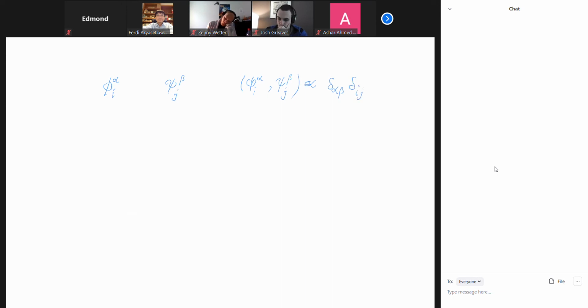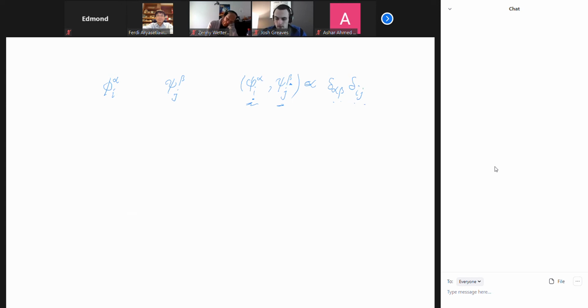So if I have two functions, one belonging to irreducible representation alpha and row I, and another function that is completely unrelated and belonging to beta and j, then they are orthogonal unless alpha equals beta and I equals j. So it's a very useful property. We have to keep in mind that these functions are really arbitrary. They can be any functions. The important point is how they transform under the symmetry operations.